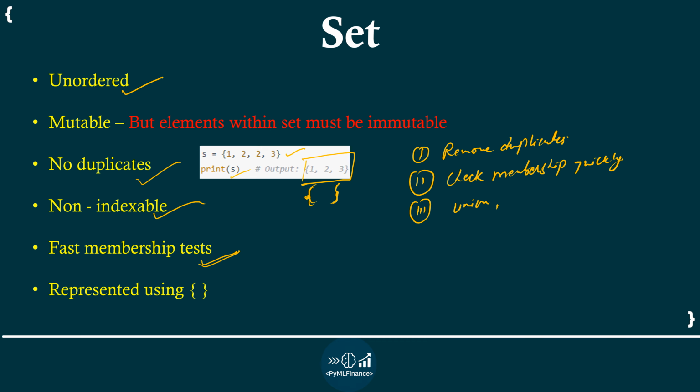The set chapter you might have read in maths is similar to that. You can perform operations like union, intersection to find common elements between two sets, and difference between two sets. So in these three cases you should always prefer going with the set data structure.